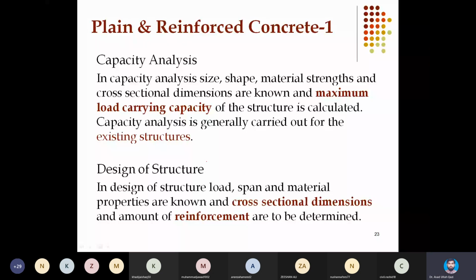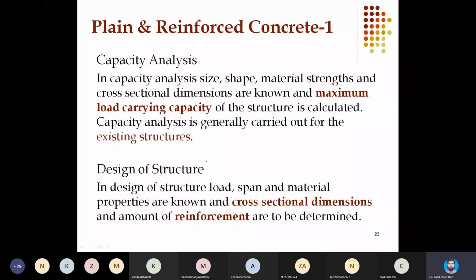So if you are given all the design details, you are given the structural drawings in which steel details, section details, material strengths are provided to you.